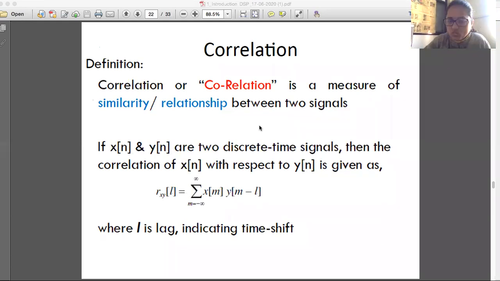This correlation operation is majorly used in radar signal processing, in order to find out the distance or depth of any object. What is the functionality of the radar? It sends a signal and receives a signal, and between the two signals, the signal sent and the signal received, it is going to be compared.